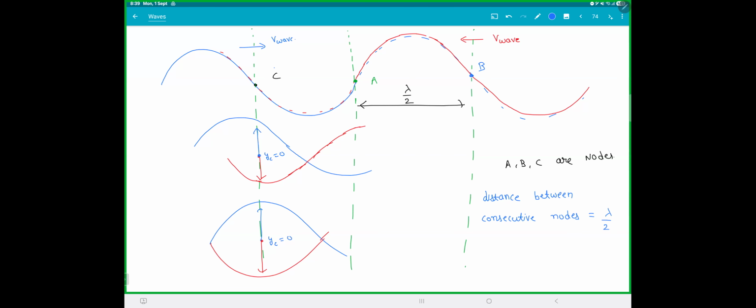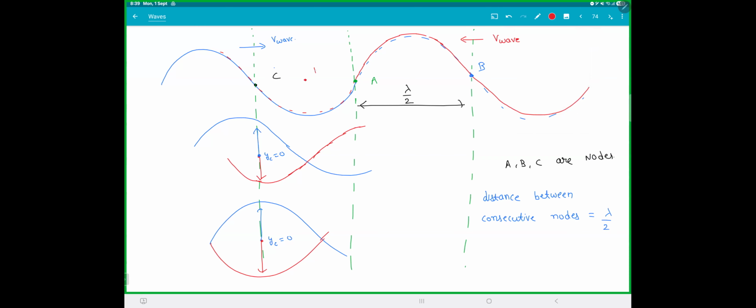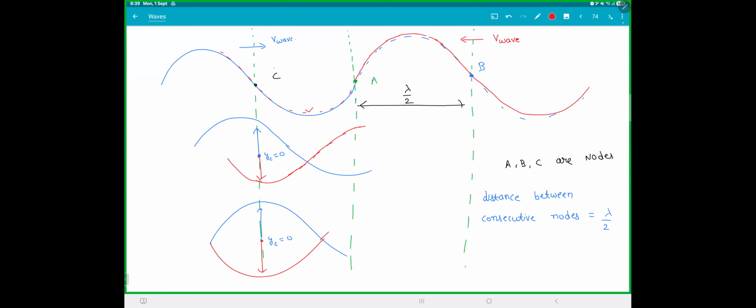Similarly, if you notice certain points, like this point here in the middle, E or D, you will observe this is being pushed down. Let me take another picture for this.